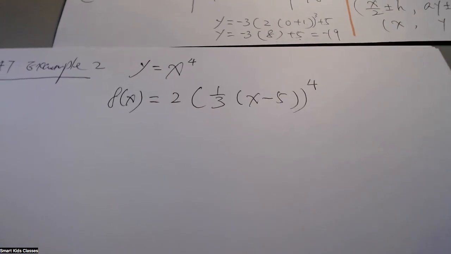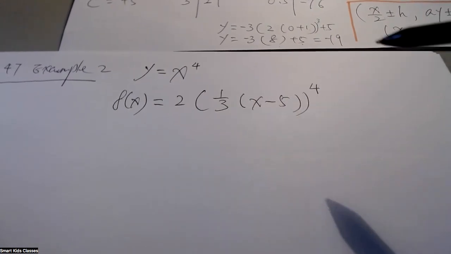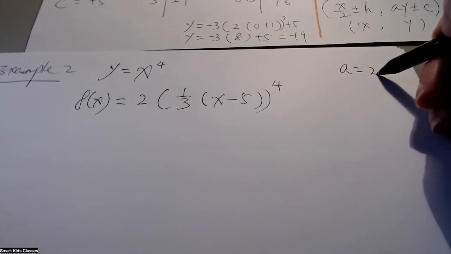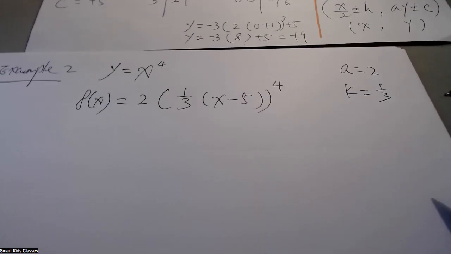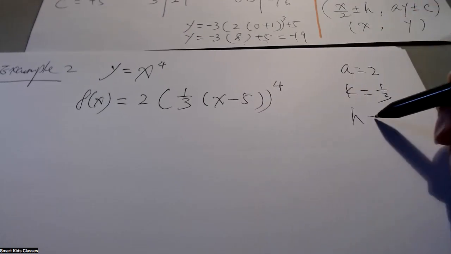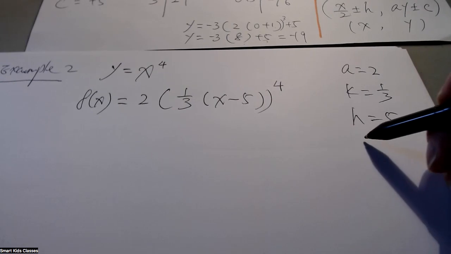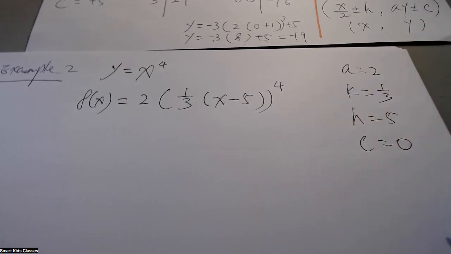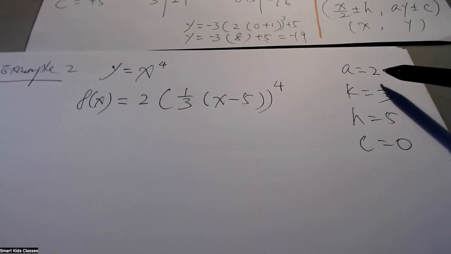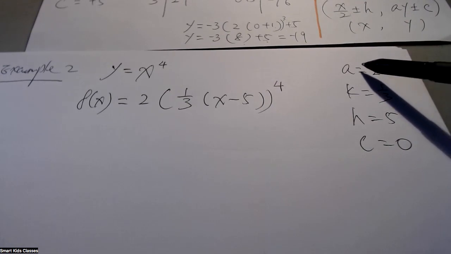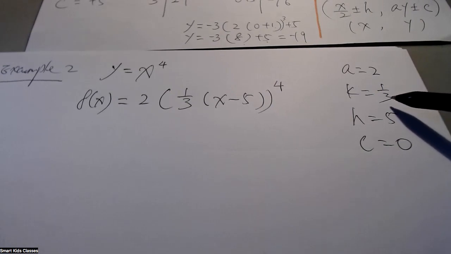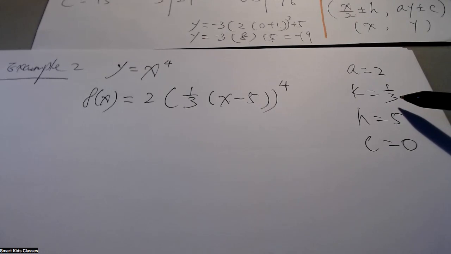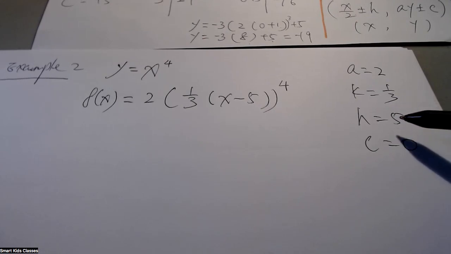So we are going to write each parameter: a equals 2, k equals 1 over 3, h equals 5, and c equals 0. That's no c, means equal 0. So a is a vertical stretch by a factor of 2. For k is a horizontal stretch by a factor of 3. And translate 5 units to the right.